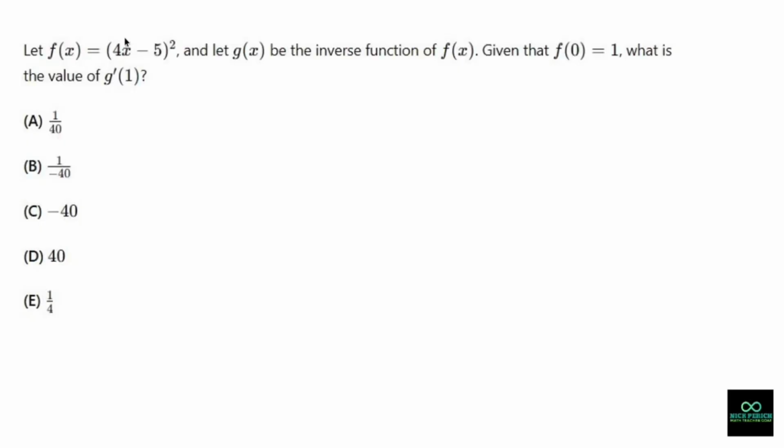Let f(x) equal (4x minus 5) squared, and let g be the inverse function of f. Given that f(0) is 1, what is the value of g'(1)? Well, if we're talking about inverses and their derivatives, we have a little formula that says g'(x) is going to equal 1 over f'(g(x)).